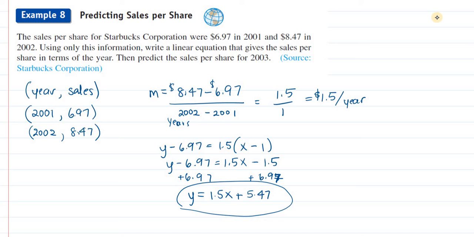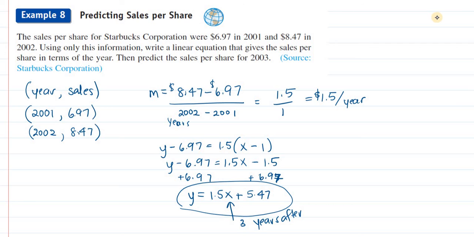Then if we want to predict the sales per share for 2003, in here we would put 3 because that is years after 2000.